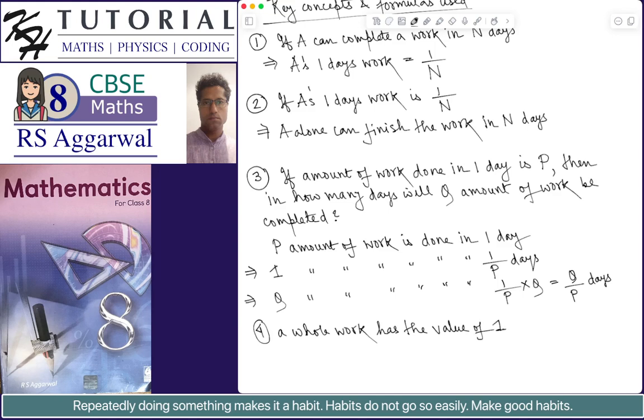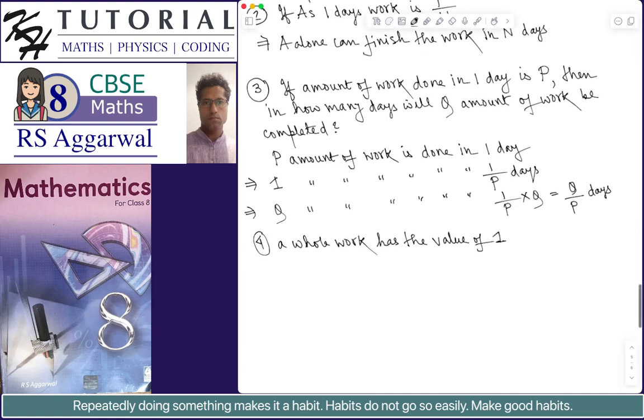So this will be required to find the remaining work. Any partial work done will always be a fraction. So if you have to find the remaining work, then you always subtract the partial work done from 1, since the whole work is considered to be the value 1.